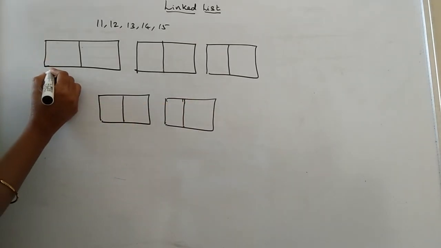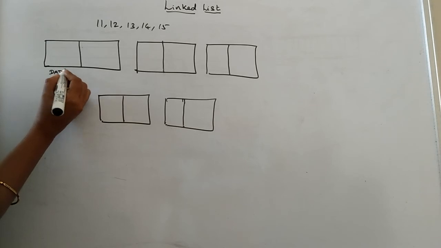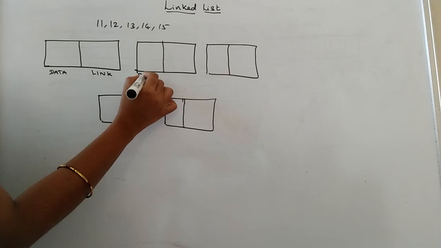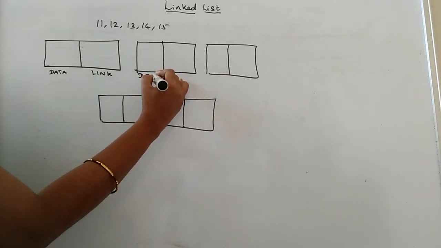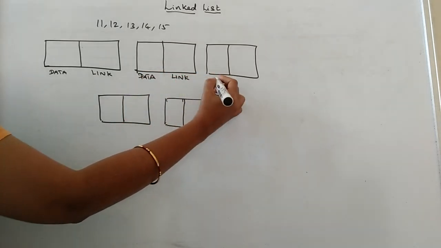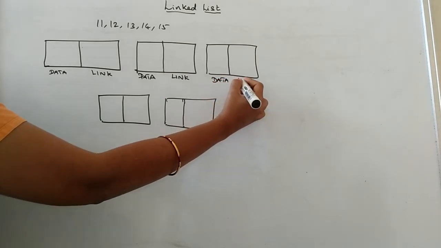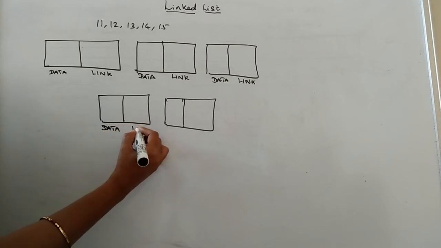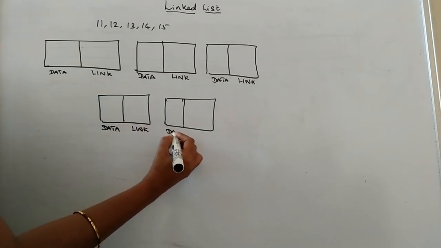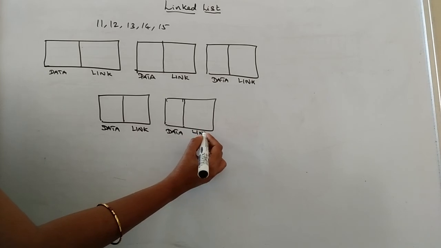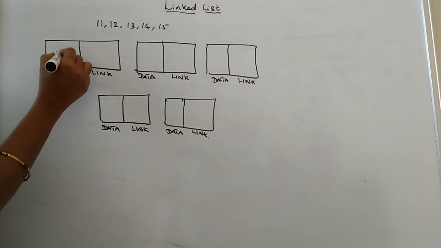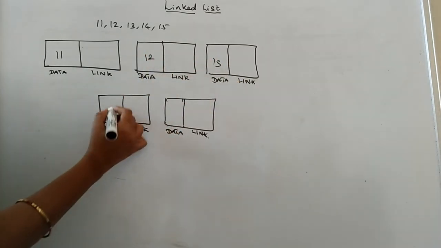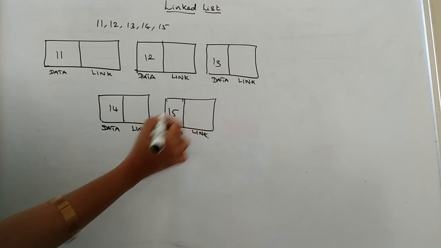In each node, this is a data field and this one is the link field. Here I am storing 11, here 12, 13, 14, 15.